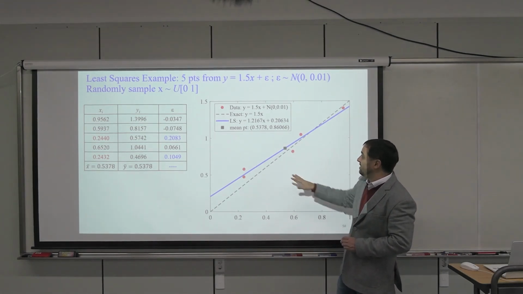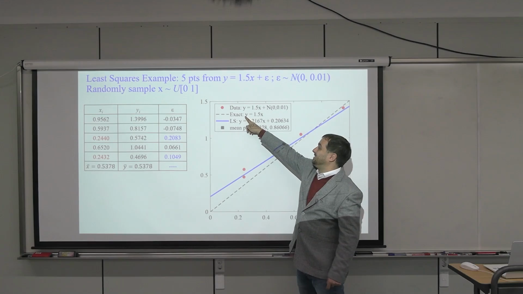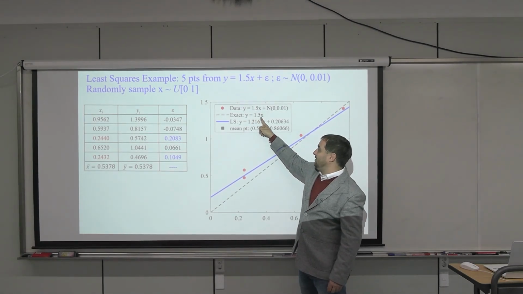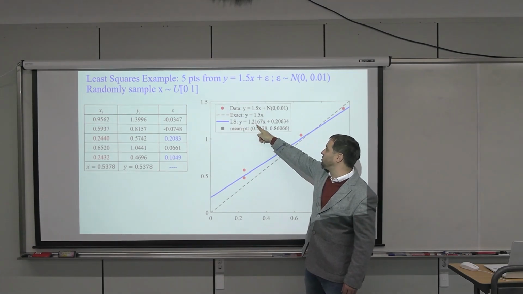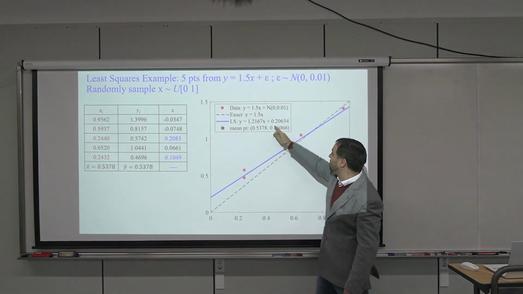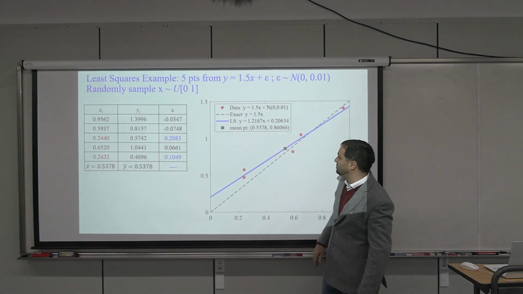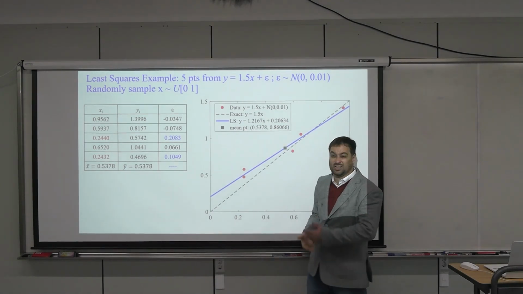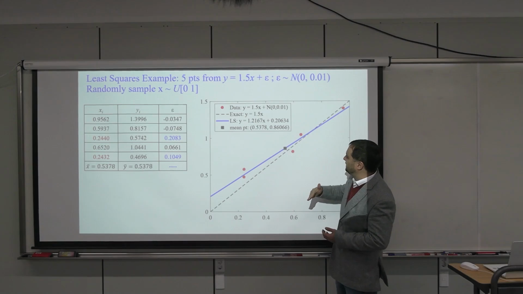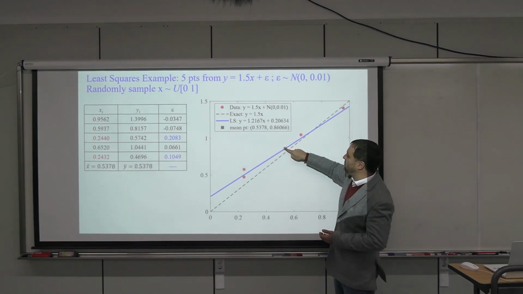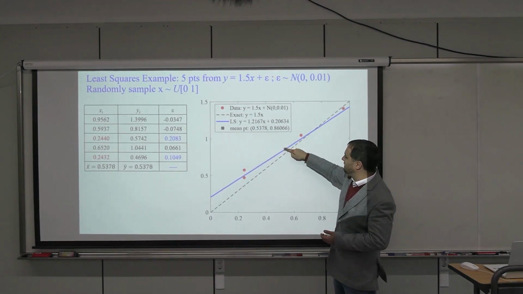And so if we look at this, our exact function is y equals 1.5x. This is the linear least squares fit, with slope 1.21, and also the y-intercept is 0.2. The true y-intercept is 0. So the first thing is the sample mean is slightly greater.